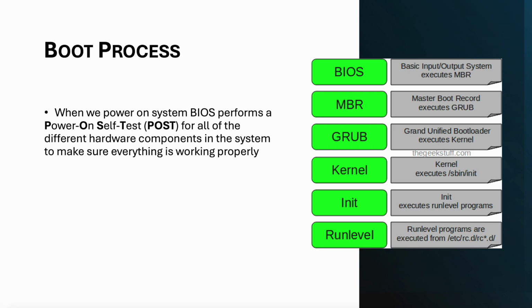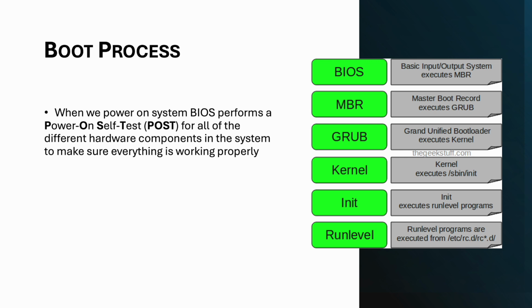GRUB has knowledge of the file system. In simple terms, GRUB loads and executes the kernel and initrd image, initializes itself, loads the kernel modules, and mounts the root file system as specified in the grub.conf file.